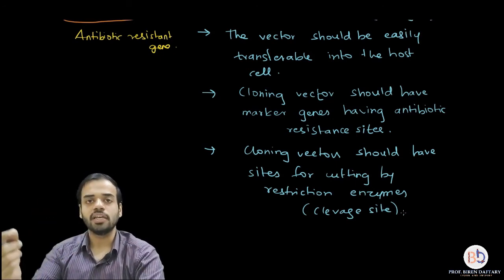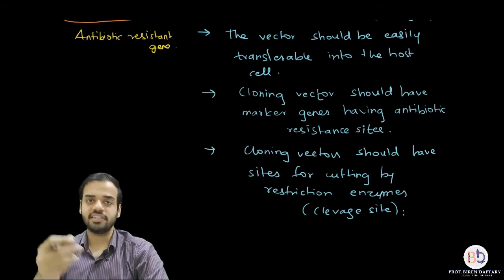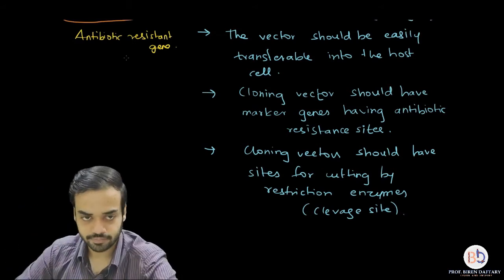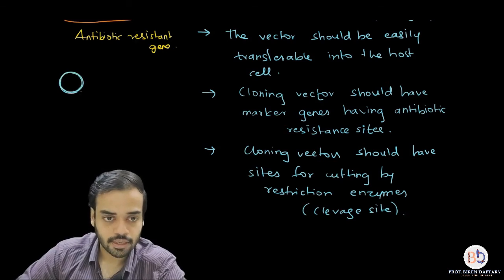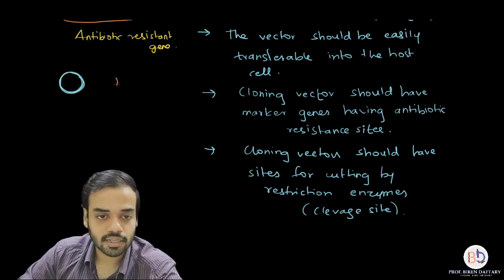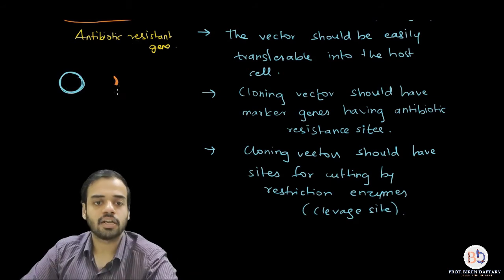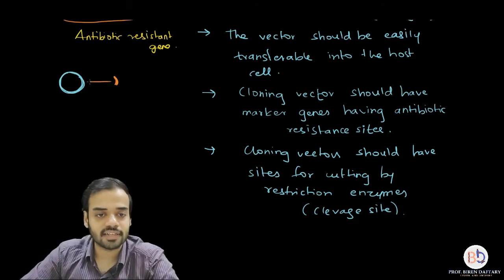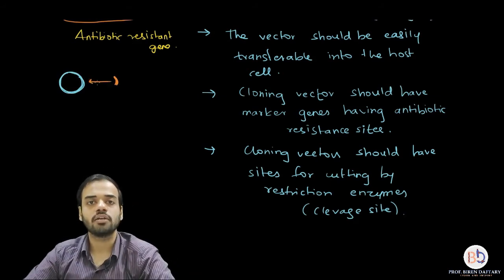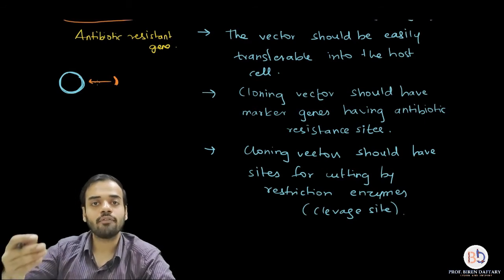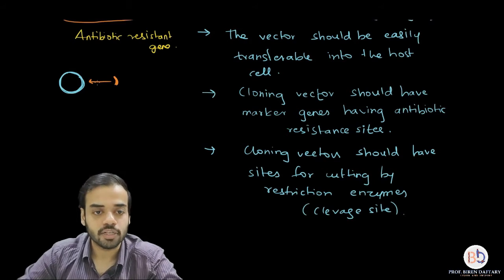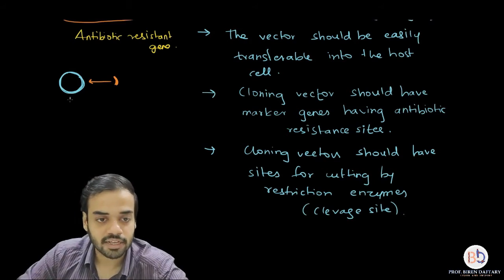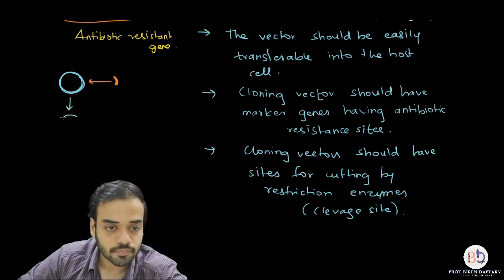Very simple. If you want to insert the desired gene into a cloning vector, again same thing. This is your cloning vector, and over here this is the desired gene. Now if I want to add this desired gene into the cloning vector, where do I add it? So I have to cut a portion of the cloning vector out.